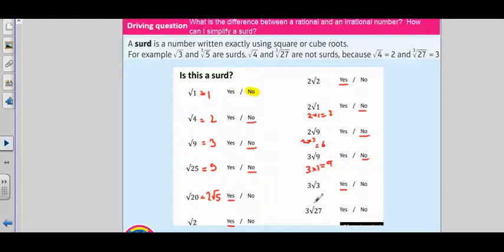If we square rooted 3, we wouldn't get an integer. 3 root 27, yes, that's a surd. If we square root 27, we wouldn't get an integer because 27 isn't a square number.